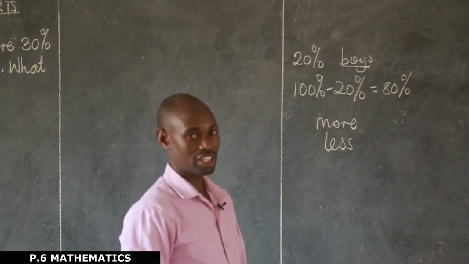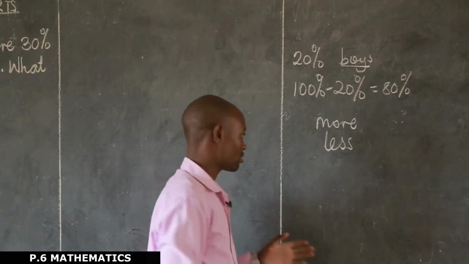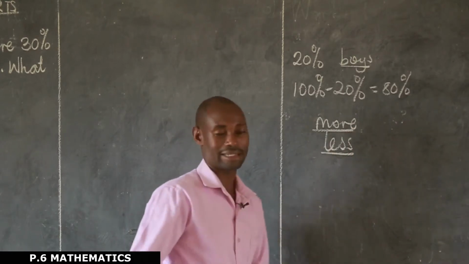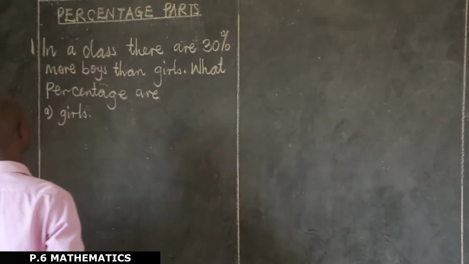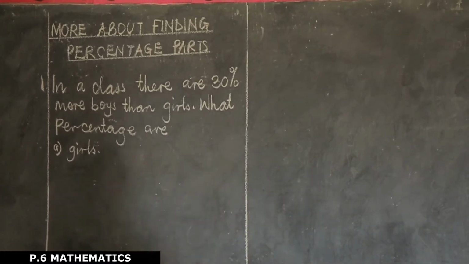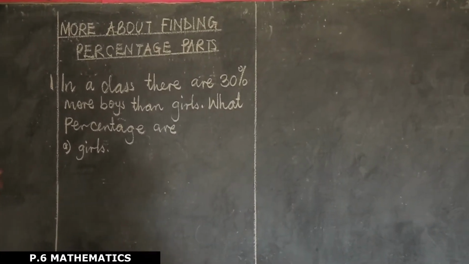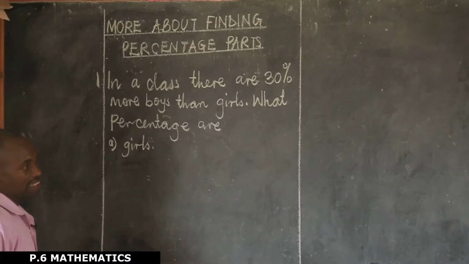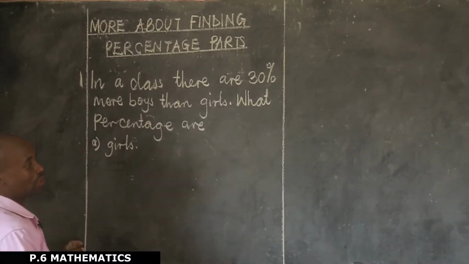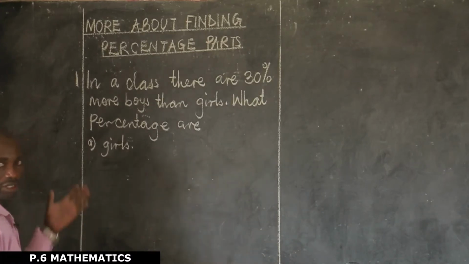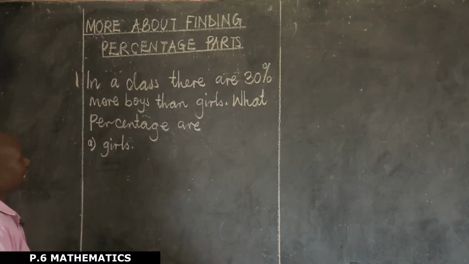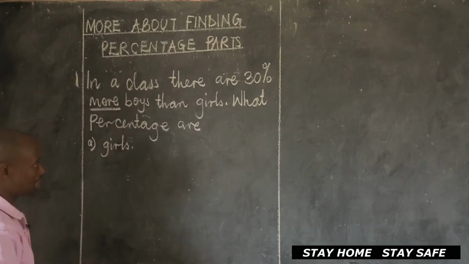So in our lesson today, that's what we are going to concentrate on, more and less, looking more at finding percentage parts. Example 1 says, in a class, there are 30% more boys than girls.